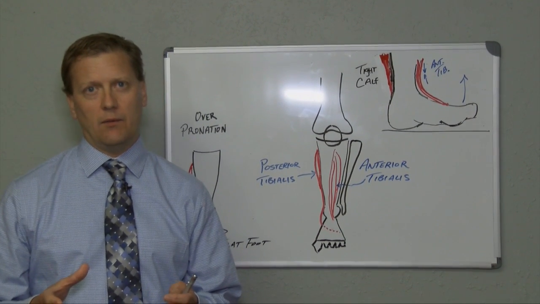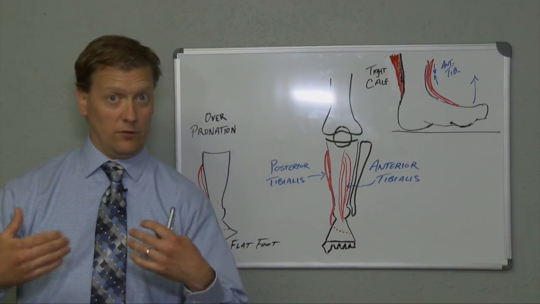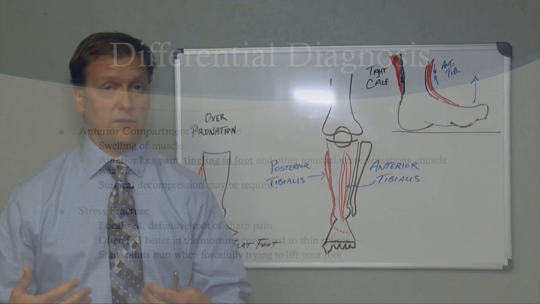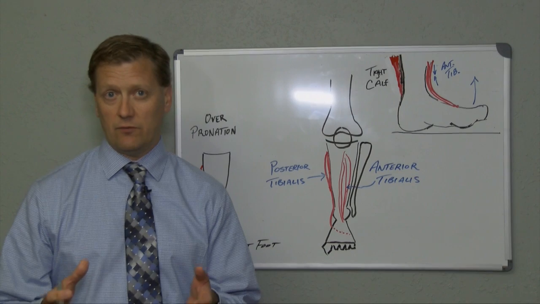The other diagnosis that we'll see that involves front part of the shin pain is a stress fracture. Now, the difference between a shin splint and a stress fracture can be determined quite simply. A lot of times it's point-specific pain for a stress fracture.